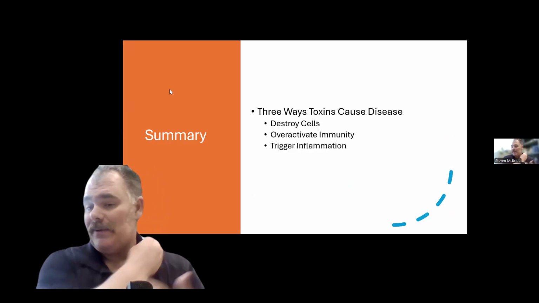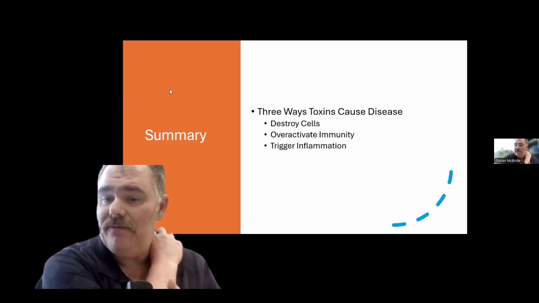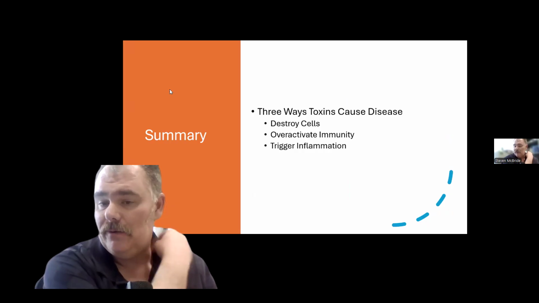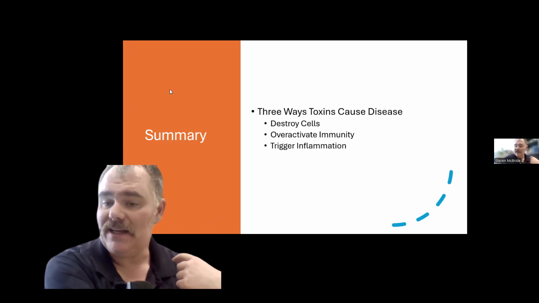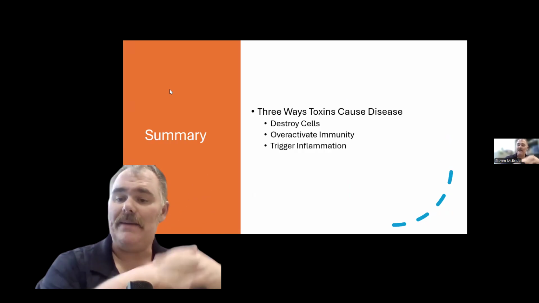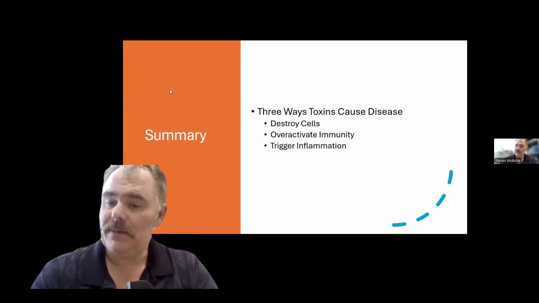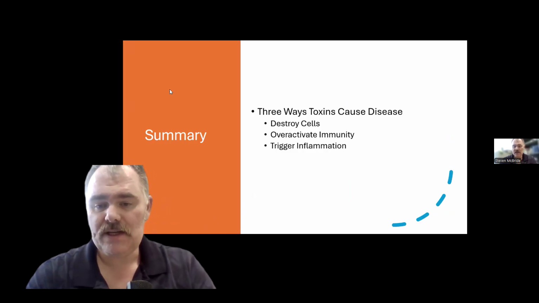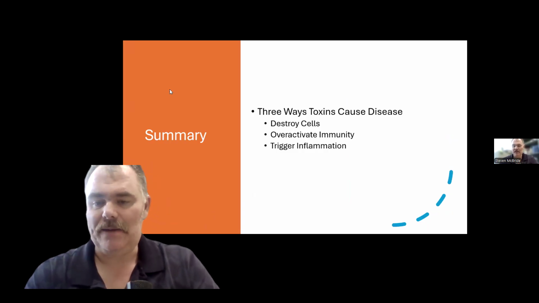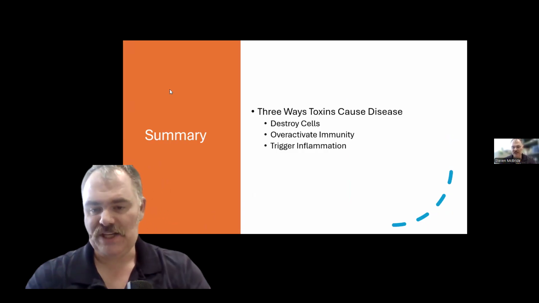So, today we examined three major mechanisms of toxin mediated disease. Membrane disrupting toxins destroy cells directly by damaging their membranes. Superantigens overactivate the immune system and trigger cytokine storms. Endotoxin activates innate immunity and causes widespread inflammation.